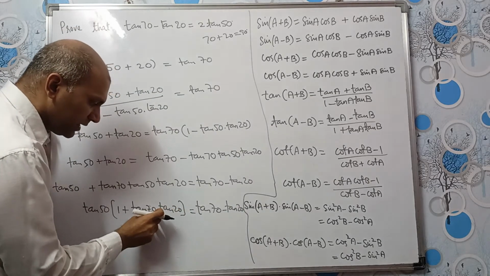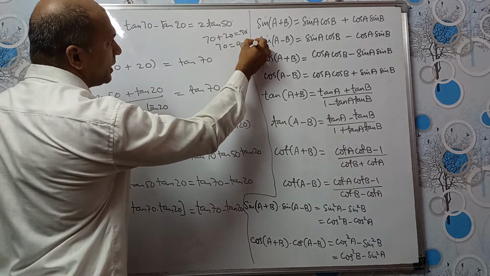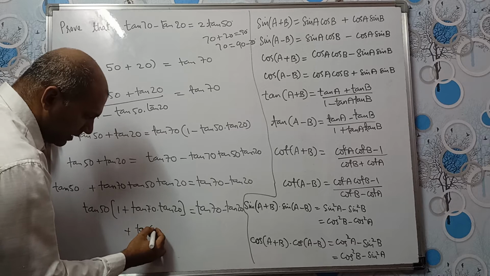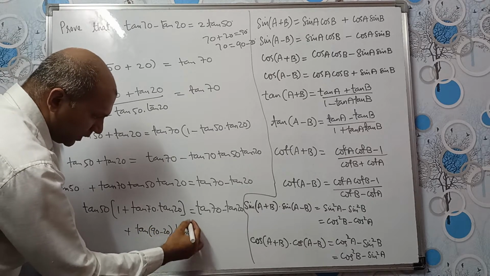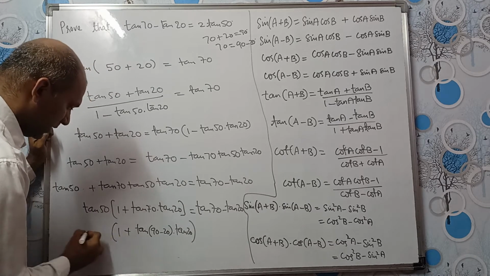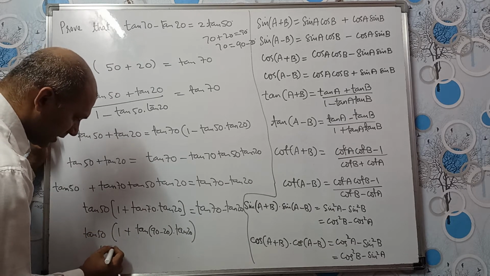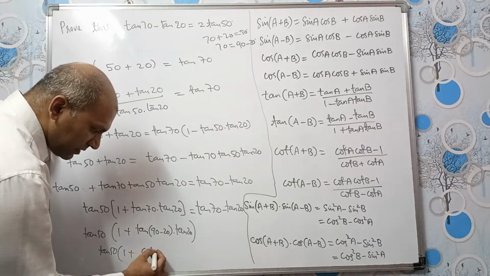If we are changing 70, we can write 70 as 90 minus 20. So this will be tan 90 minus 20 multiplied by tan 20, and 1 here, and this is tan 50. So this is tan 50, 1 plus tan 90 minus theta is cot theta, right?